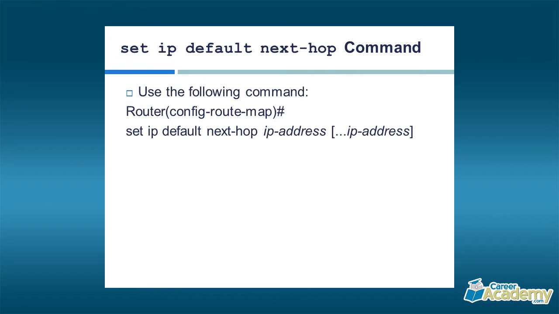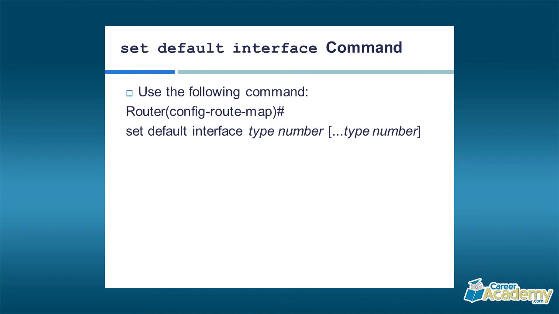I'm saying it again so you don't make that mistake on the exam. We can specify a list of default interfaces using the command set default interface type number. Again, a packet is routed using the set default interface command only if there is no explicit route to the packet destination address in the routing table. Don't make that mistake.